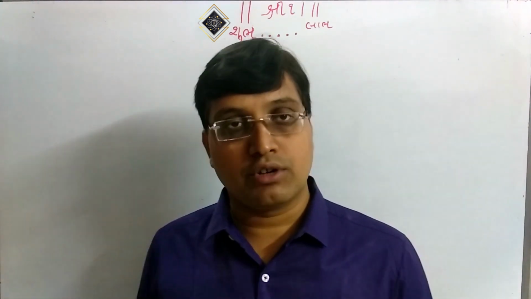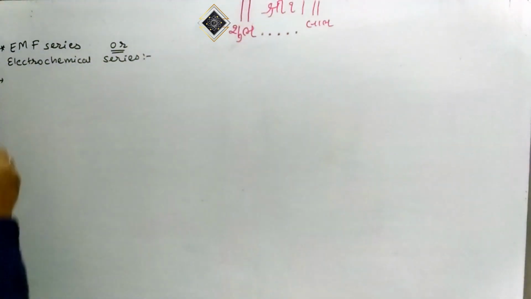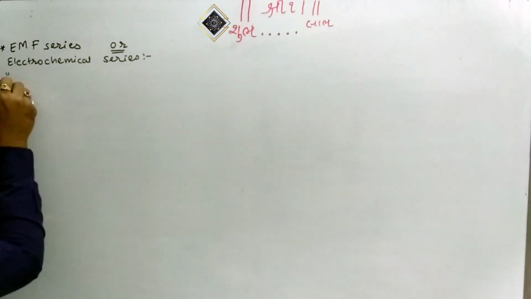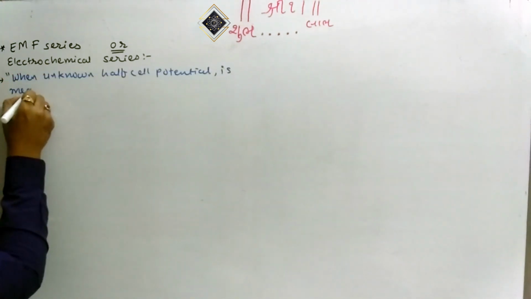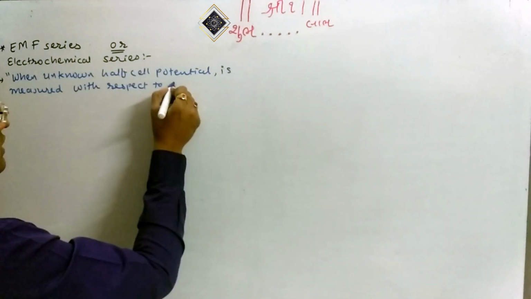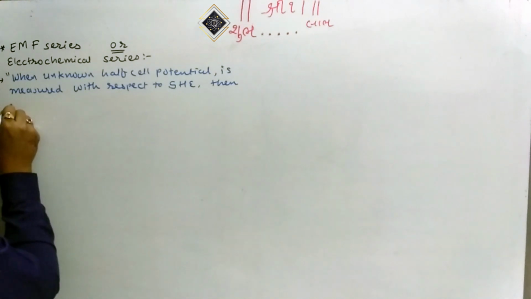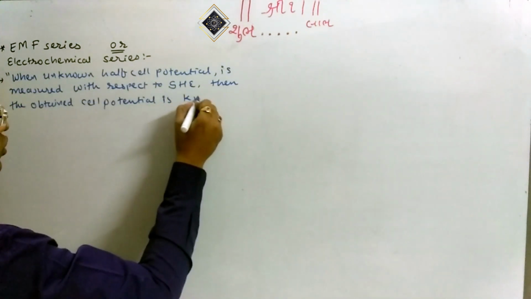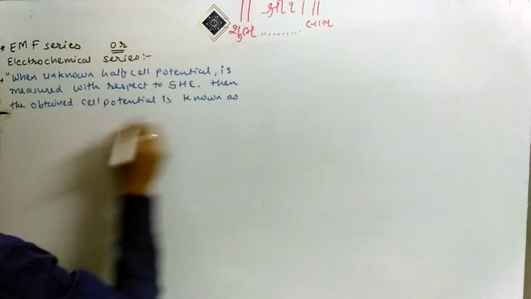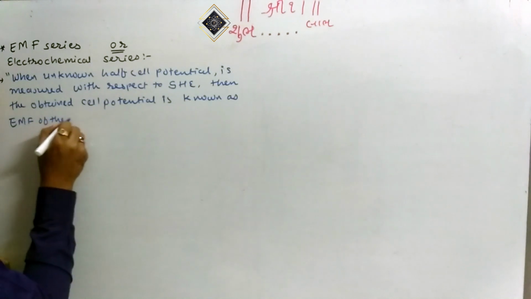Okay, now just give attention. EMF series or electrochemical series. As we discussed, when unknown half cell potential is measured with respect to standard hydrogen electrode, then the obtained cell potential is known as EMF of the cell.